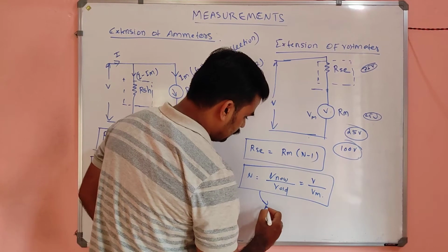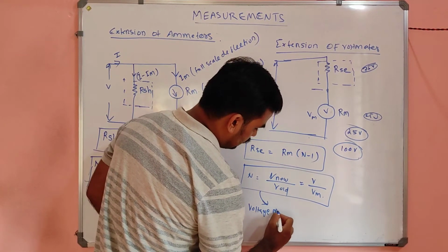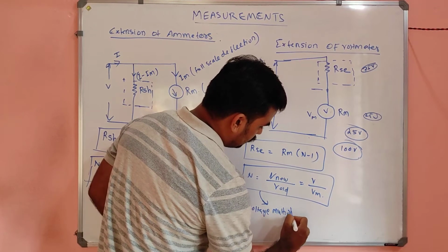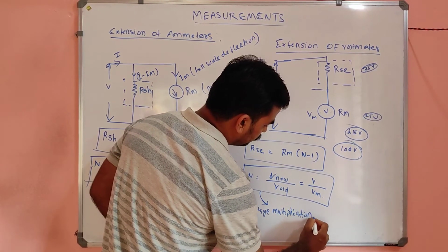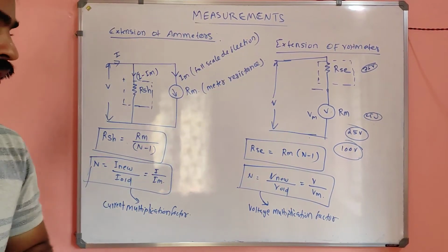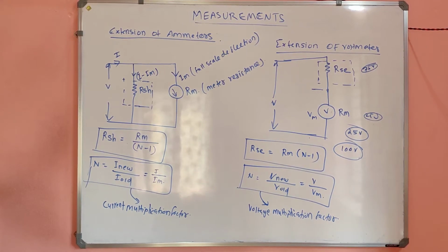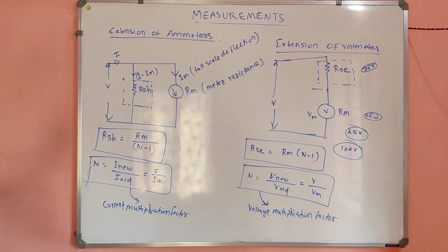And here, n is called the voltage multiplication factor. Did you get the idea, my dears?